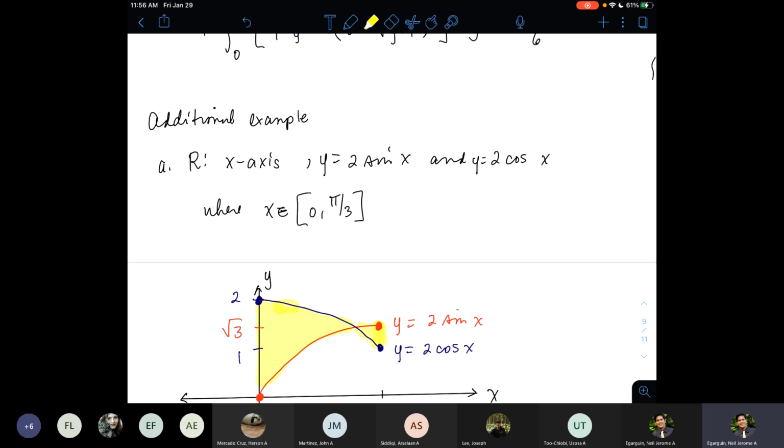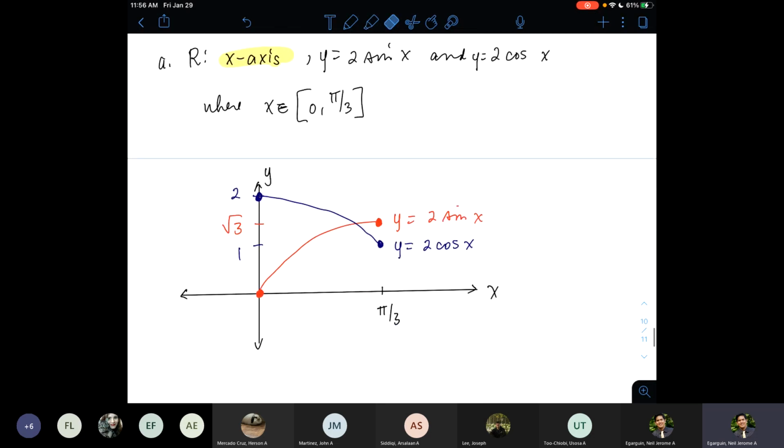If this is indeed the shaded region, then it would be an integral with 2 cosine x minus 2 sine x, and then another integral with 2 sine x minus 2 cosine x. But I forgot this condition, that the region R is bounded by the x-axis and the two curves. Let me just reread the problem. So it looks like the shaded region should be this.